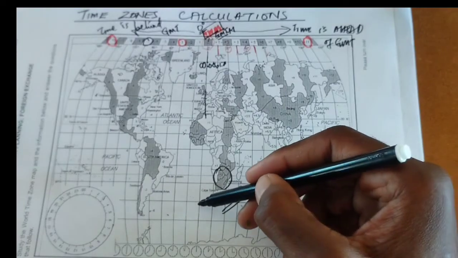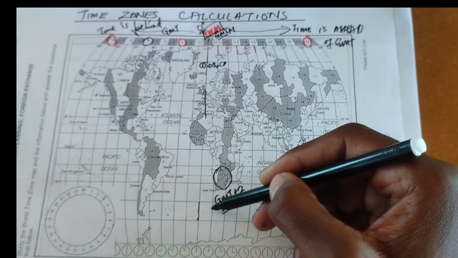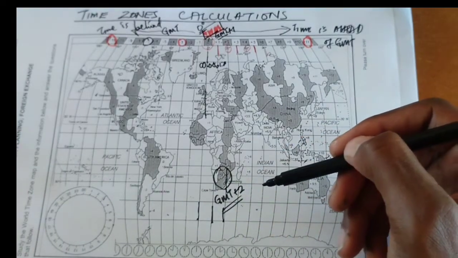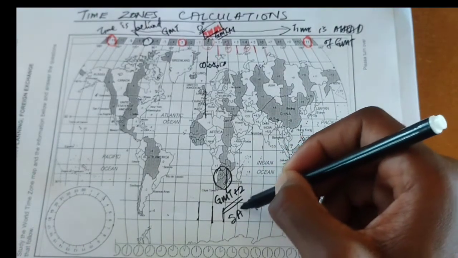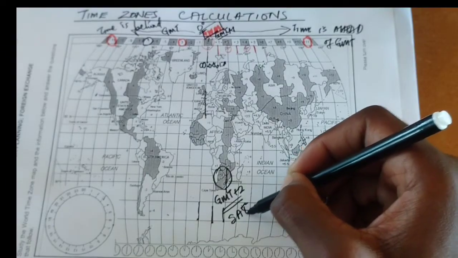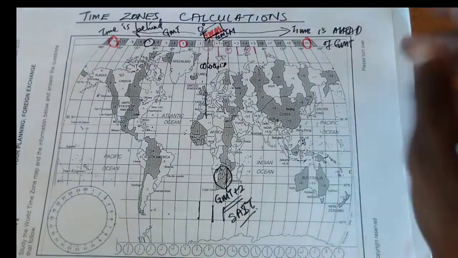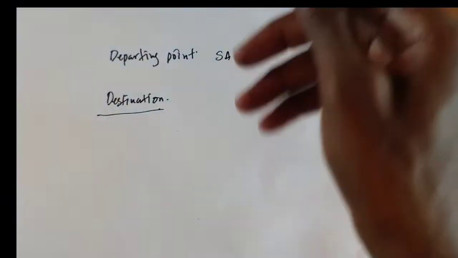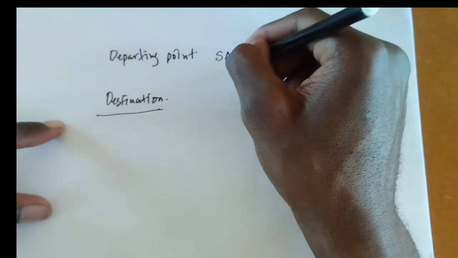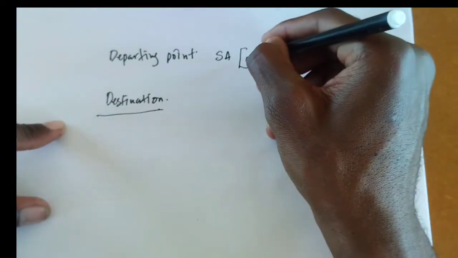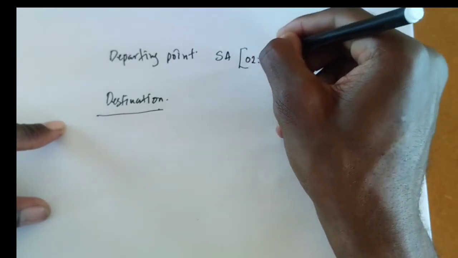Because from 0, you are having +1 and +2. So the time in South Africa is GMT +2. So our South African standard time is on GMT +2. So let's say, for example, you are departing from South Africa, and in South Africa at that time, it is going to be 0200.